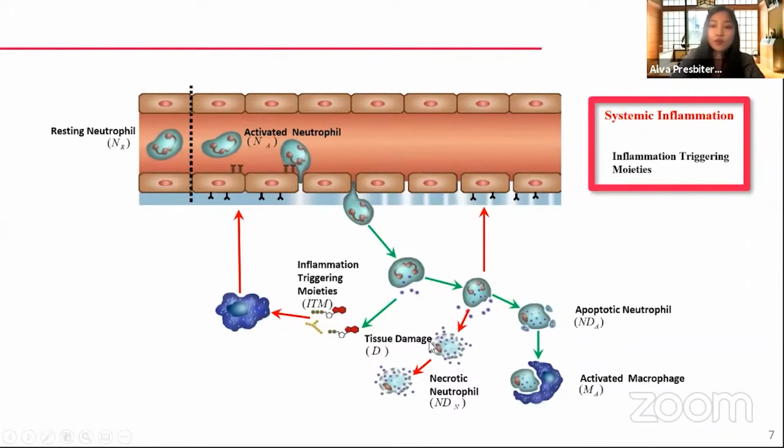With necrosis, the cytoplasmic content of the neutrophil spills towards the surrounding tissue, which causes tissue damage. And this actually aggravates the inflammation in the body. Now, this seemingly paradoxical phenomenon fuels the inflammatory response by triggering the recruitment of additional neutrophils into the site of inflammation.